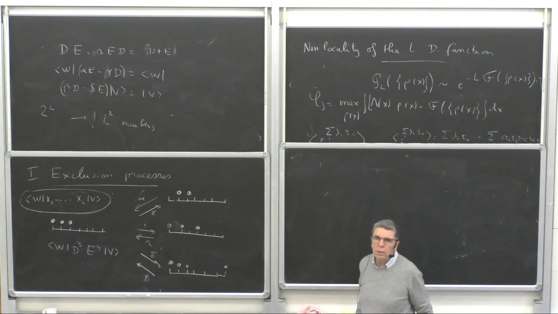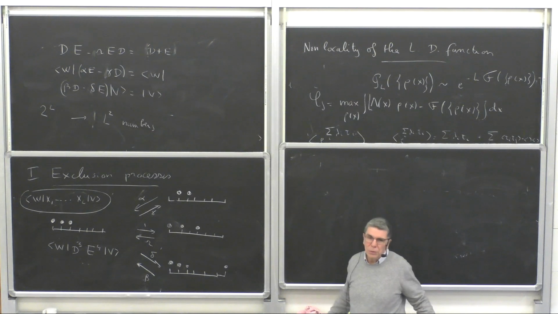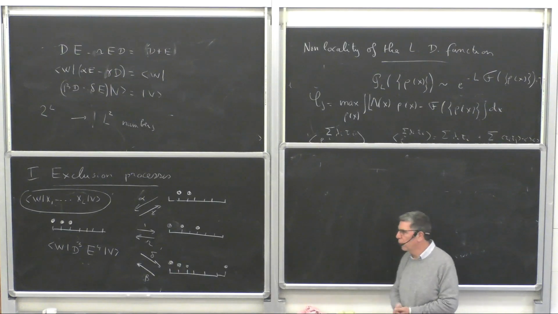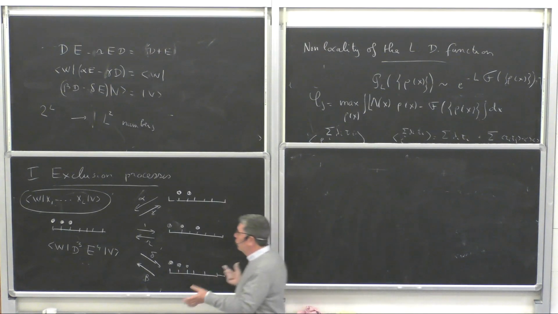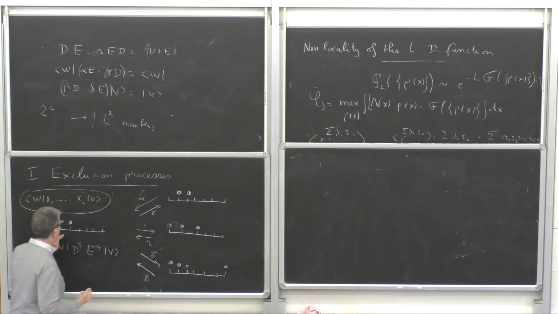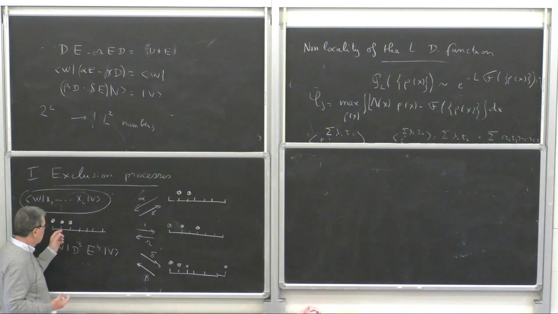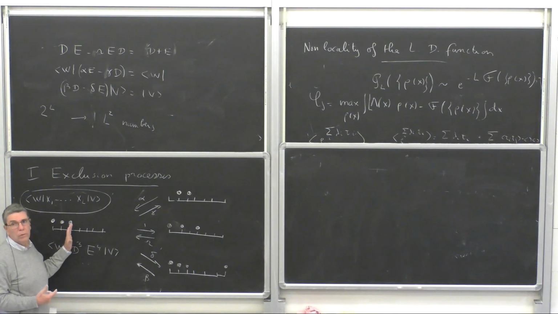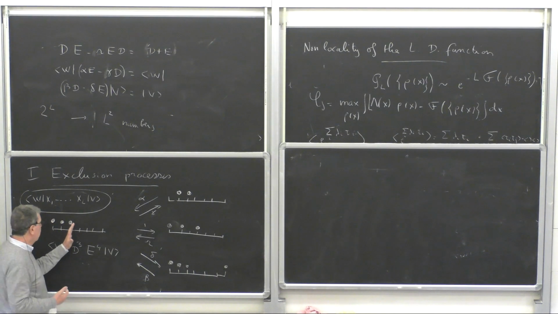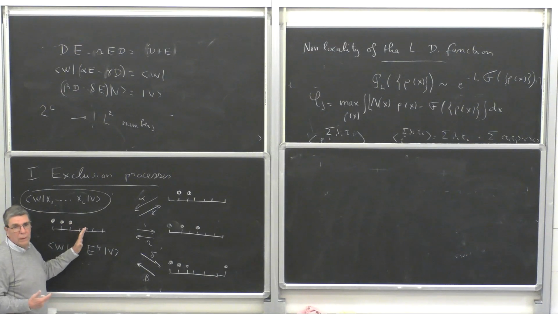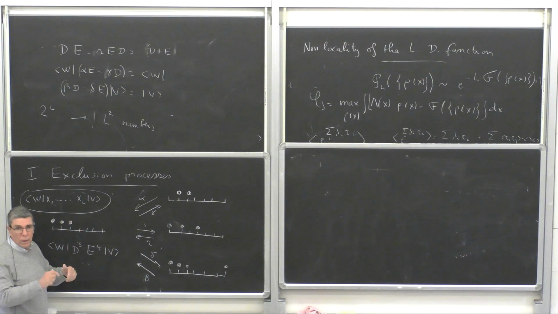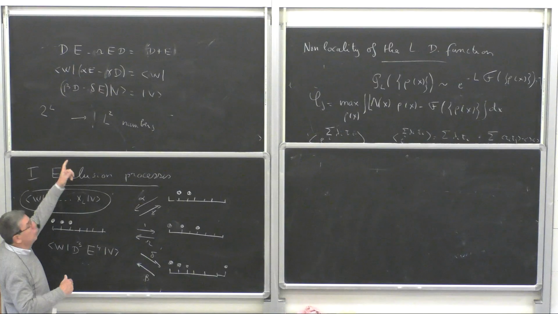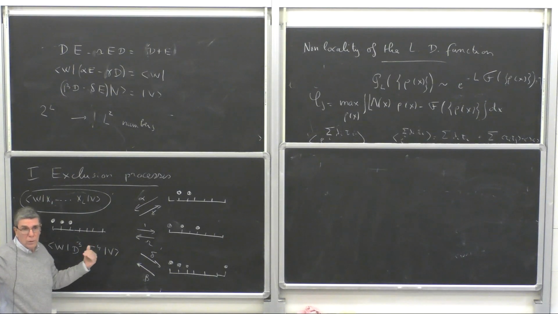In principle, you could do that, but then you would have to write 2 to the L lines, which is a problem. But in fact, the way of reasoning is that the only thing which matters are the clusters. So you realize that each time you have a boundary between occupied and empty, then you have a relation, you can use this relation, and then there is always a telescopic sum.